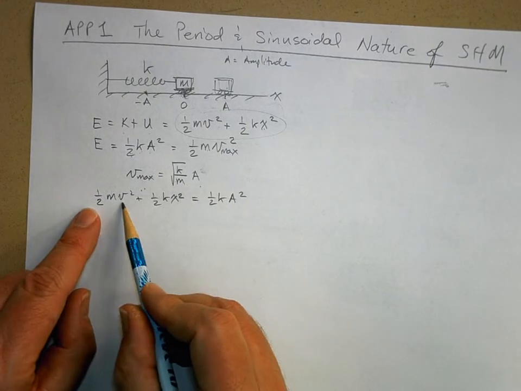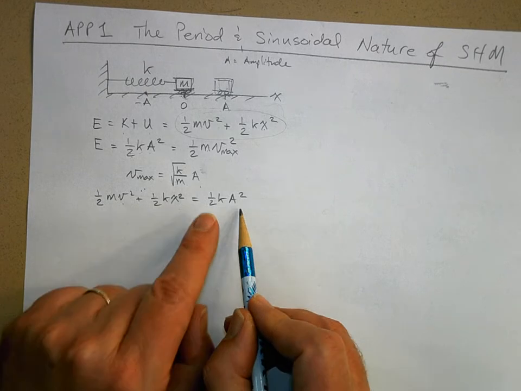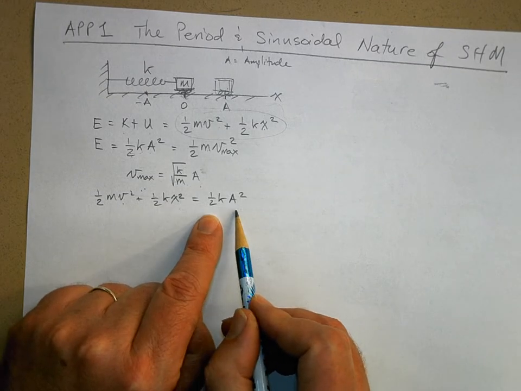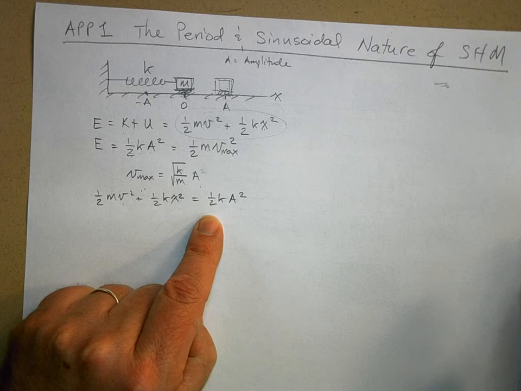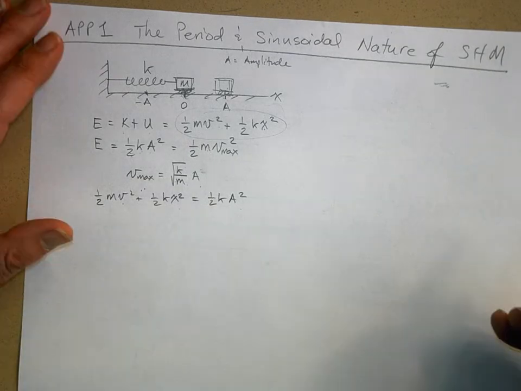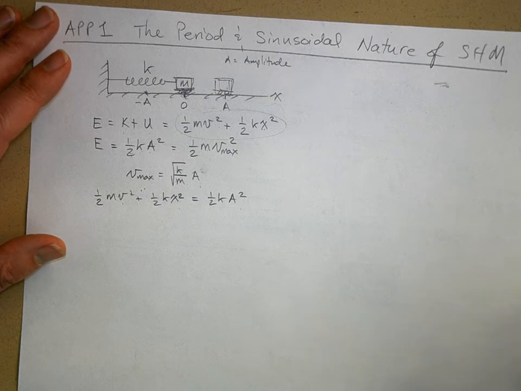Okay, the kinetic energy plus the potential energy equals the total energy in the system, which is also the elastic potential energy at the amplitude. Now I'm going to solve this for v. I'm going to get an expression for v.